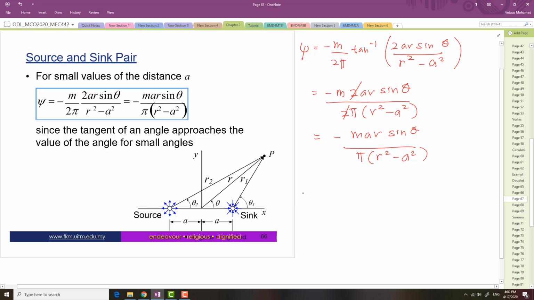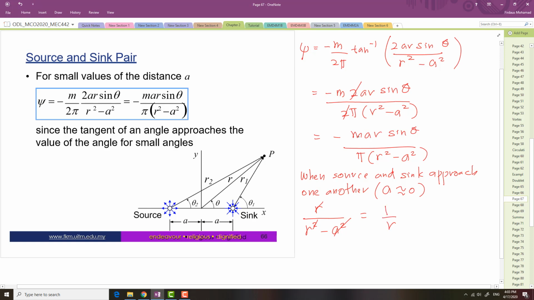So when source and sink approach one another, a will be very small. Okay, so for this term, r over r square minus a square, a is 0, and then this will be only 1 over r.